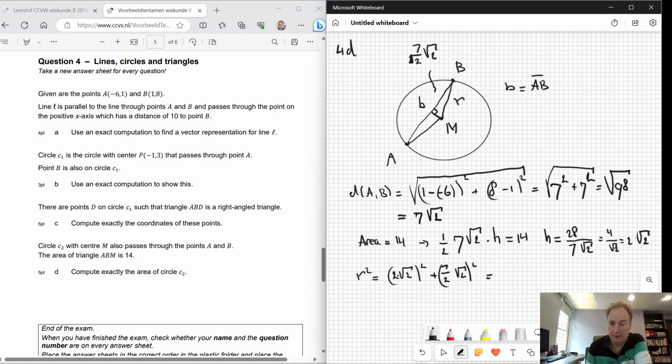Well, this is 4 times 2 is 8, plus 49 over 4 times 2, which is 8 plus 49 divided by 2, which is 24 and a half. So it's 8 plus 24 and a half.